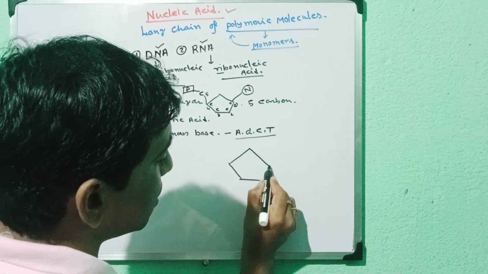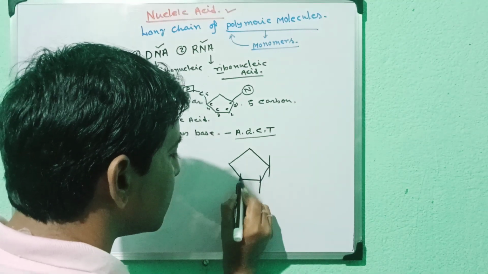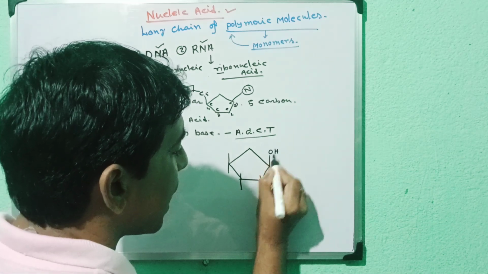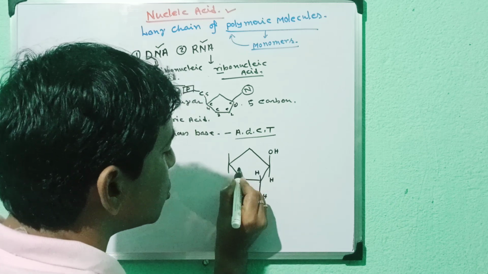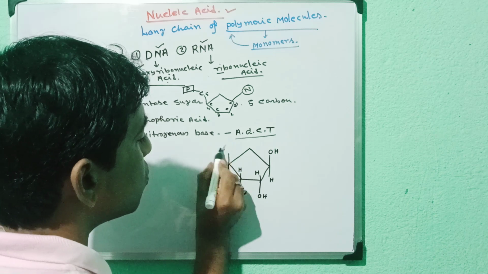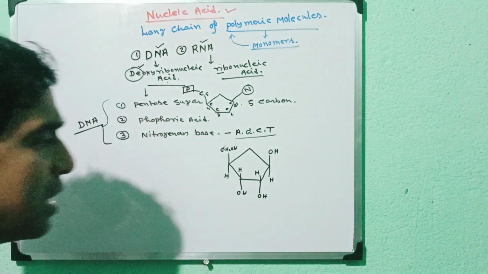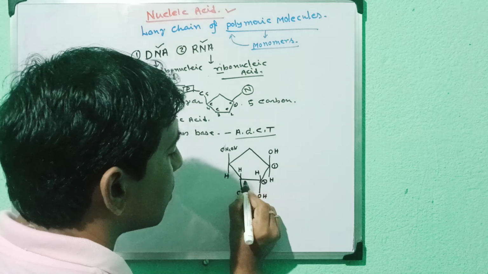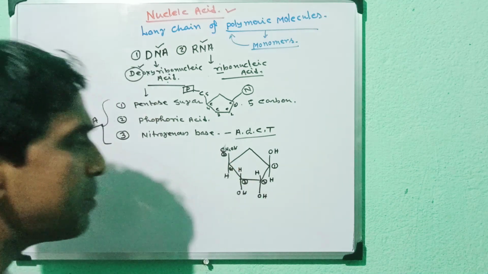There is the carbon with OH and H, another H and OH, another H and OH, and this is CH2OH, and this is H. Carbons number 1, 2, 3, 4, and 5: these are the 5 carbons.